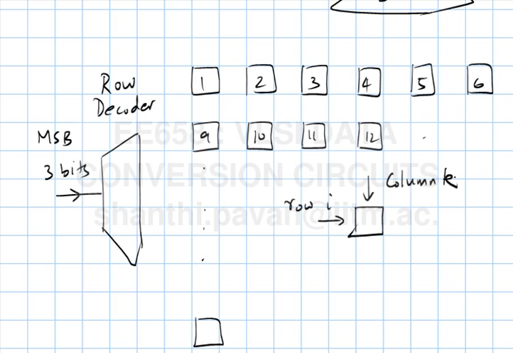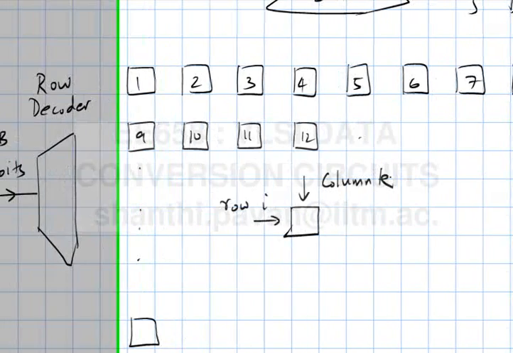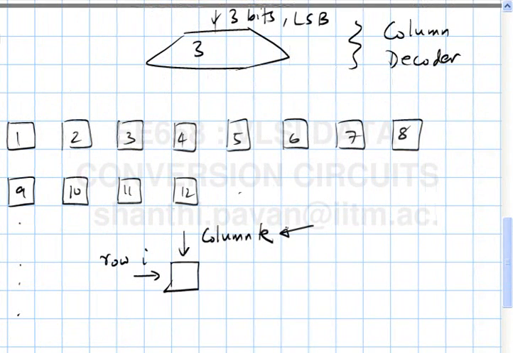You need some simple logic to figure out. Please note that this current cell in row I and column K cannot be dependent only on row I and column K. It must also be looking at the row I minus 1.